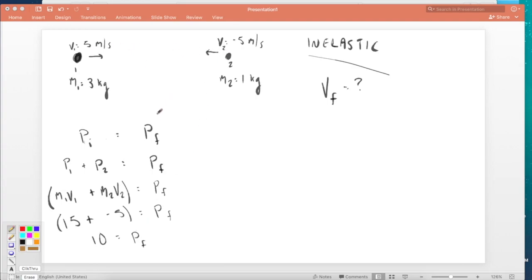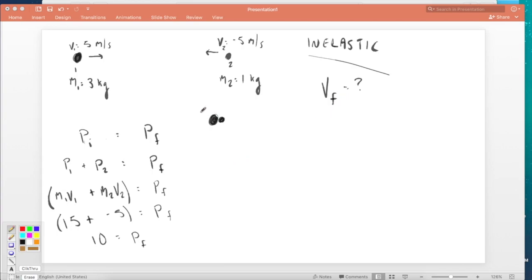After they collide, they have really stuck together to become almost a new object. Because it's an inelastic collision, they have stuck together, and now maybe they're going to move. So how are these objects going to be moving together? That's what I'm trying to find, the final velocity after the collision.